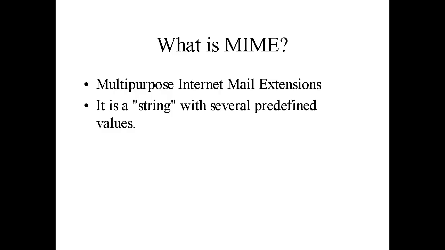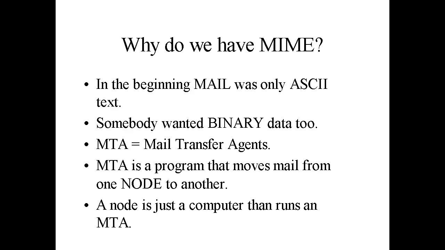In the beginning, mail was just ASCII, and somebody wanted binary data. So the entities on the internet called mail transfer agents were meant only to pass ASCII data. So what people would do is they would UU encode or base 64 encode the binary data, but in order to identify the type of data, they needed what are called the Multipurpose Internet Mail Extensions.